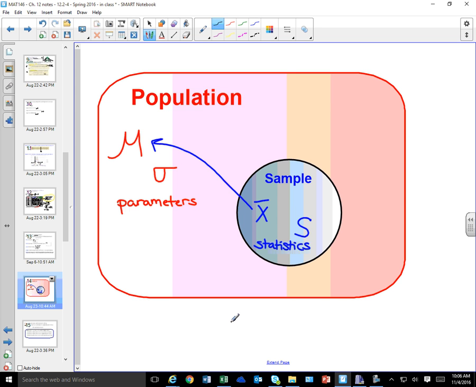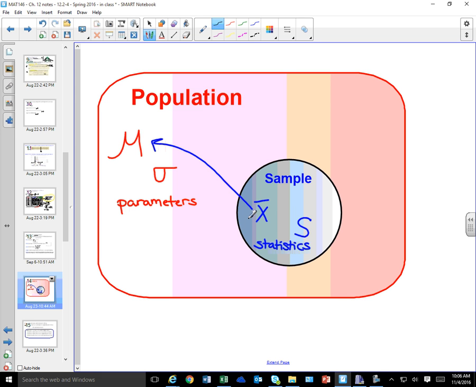Okay, so now that we have learned about some statistics and parameters, let's just summarize what we've talked about. So for our sample data, when we collect the data, two of the things we figured out we could calculate are X bar and S. Okay, so these would both be considered statistics because they are numerical summaries that come from the sample, right? Now we use these statistics to infer about the population parameters.